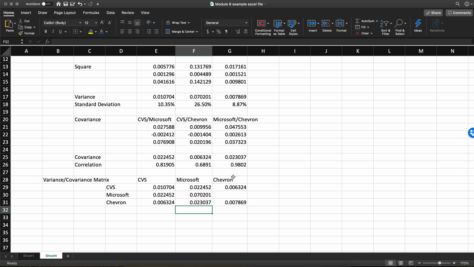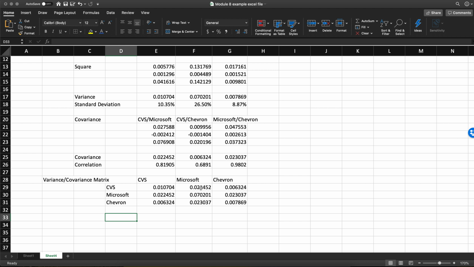And finally, the covariance of Microsoft and Chevron are these numbers. This is a standard way of expressing these covariances. Notice it's a symmetric matrix, so a lot of times you only need to calculate half of it in order to have the rest. Well, all times you only have to calculate half of it.